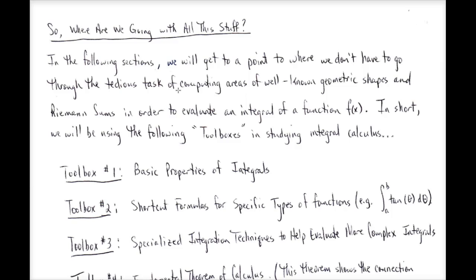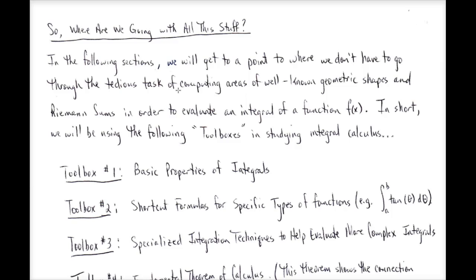All right, so where are we trying to go with all of this? We know from the previous videos that if we do the summation of those little rectangles from x equals a to x equals b, the more we try to stuff in between that closed interval of x values, the more tedious it gets.